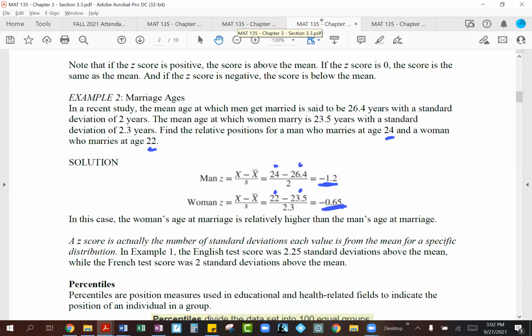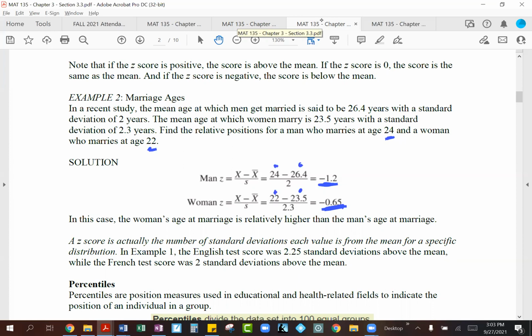So you can see they're saying the woman's age at marriage is relatively higher than the man's age at marriage, because, of course, he has a smaller standard deviation than the woman had. So with respect to just women, she is at a relatively higher age when you compare it to the man who gets married at 24.